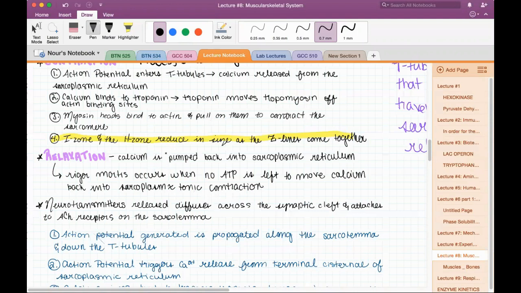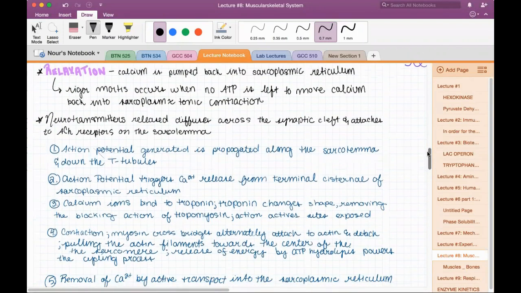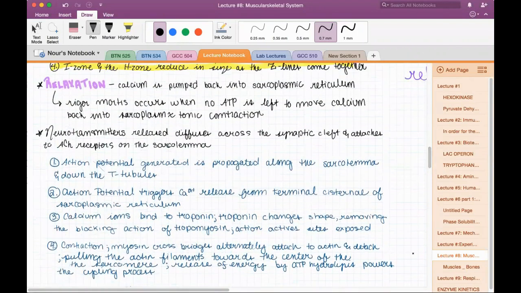When there's no ATP, constant contraction occurs, and that makes you have really stiff muscles. That's why when someone is dead, the muscles in the body become very stiff. There's no ATP to stop the contraction, so the muscles stay stiff.